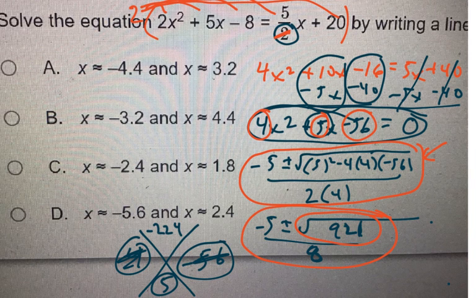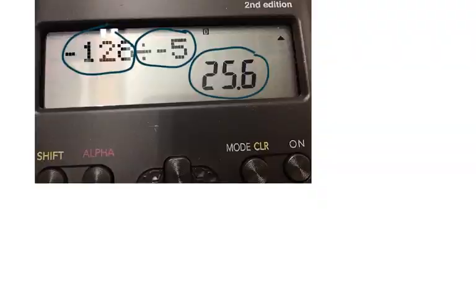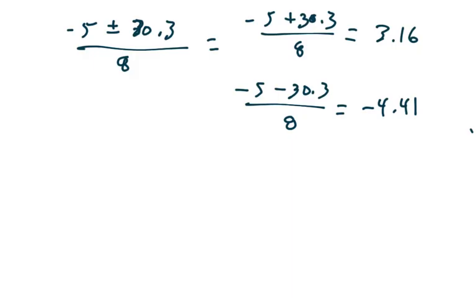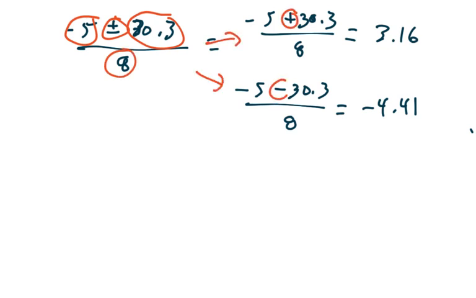And we end up knowing that the square root of 921 is 30.3. So I have negative 5 plus or minus 30.3 divided by 8. And if I do my two options, I have to do plus and minus the 30.3. I get 3.16 and negative 4.41.